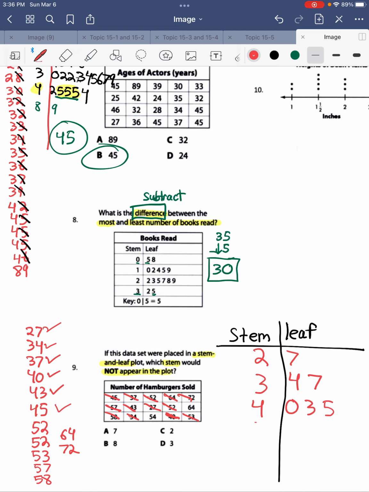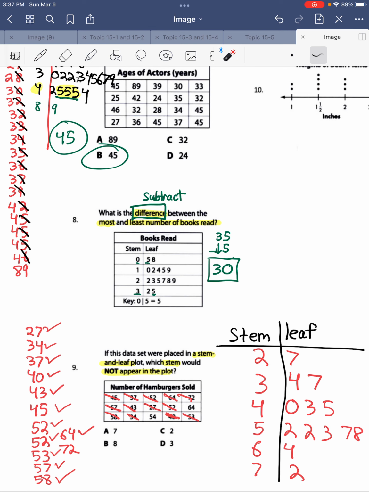Now I go to my 5s, I have 52, 52 again, 53, and 57. Am I forgetting one? I'm forgetting 58, and I have 58. Then for my 6s, I have 64, and for my 7s, I have 72.